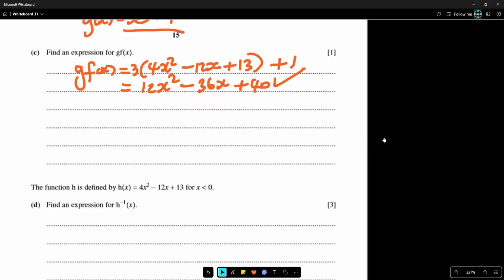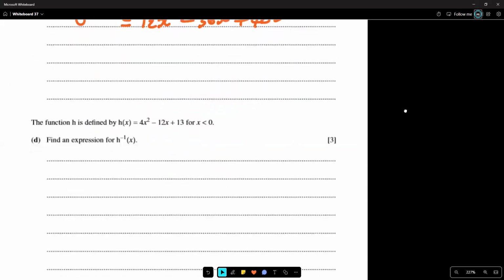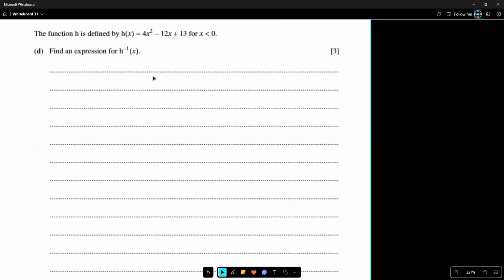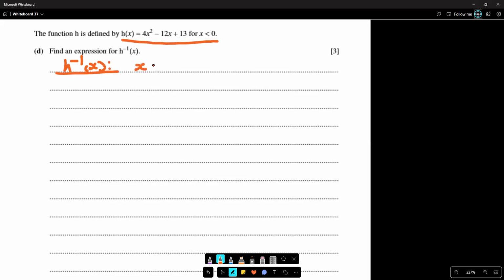Now, they want us to determine the expression of the inverse. So they give us h to be that, and then they need the inverse, okay? So remember, to get the inverse, we just replace everything by switching them around. So the x becomes the y, the y becomes the x. Then to show that I'm doing the inverse, this is the y, it becomes the x.